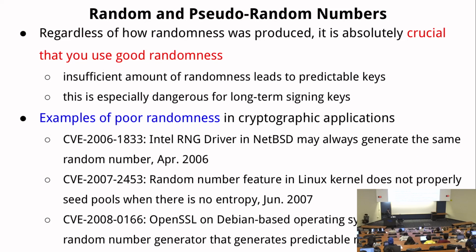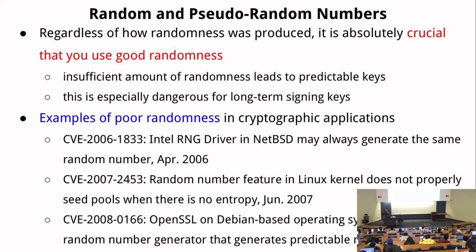Because the security of our systems eventually relies on the randomness of those keys, many vulnerabilities have been discussed in our Linux kernel and in other systems, because the random number generator cannot produce high quality random numbers. For example, in 2006, they found that on NetBSD, the Intel random number generator driver will always generate the same random number.